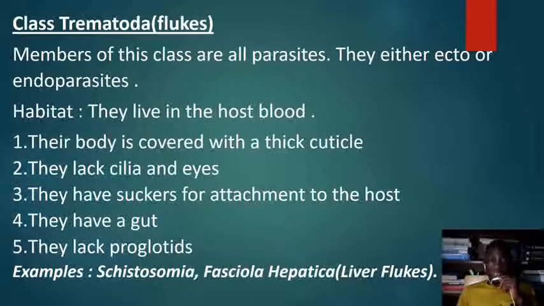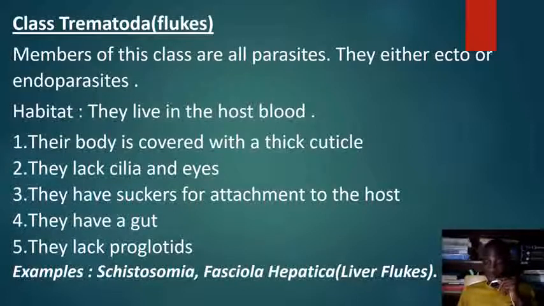And of course, they have suckers for attachment to the host. So when they are on a host, they have suckers that enable them to firmly grip onto their host. Then they also have a gut, that is, a digestive system. This means they are also able to digest their food themselves. So let's take note of that one. Then lastly, they do not have proglottids.